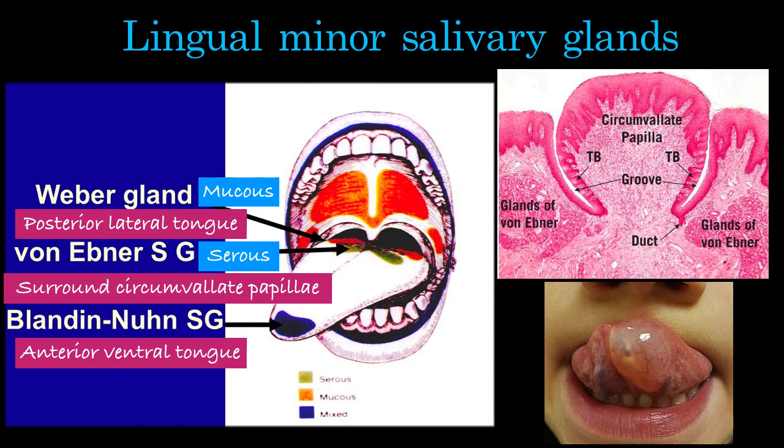The secretion of the von Ebner glands also contains some enzymes for starting the digestion process. It contains lipase enzyme, for instance, which starts the lipid hydrolysis before the food enters the stomach. And last we have the Blandin and Nuhn salivary glands. They have mixed salivary secretion, mixed between mucus and serous secretions.